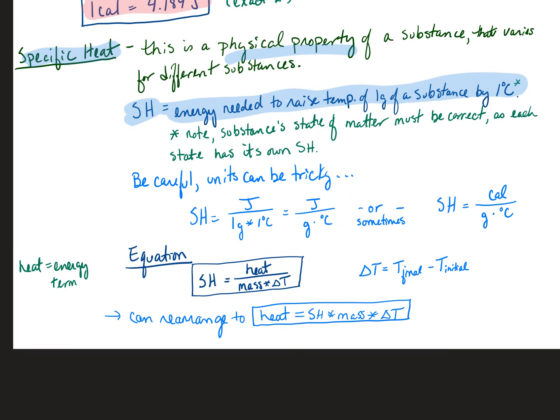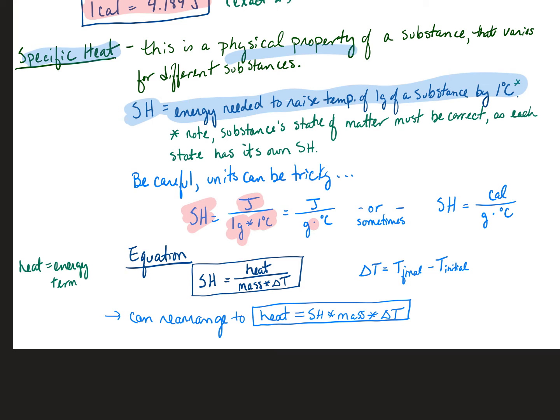Okay, so if we can put it in terms like that, we can put it into some units and give it an equation. So let's go for it. If we say that specific heat is defined as SH, we could say that that would be joules over grams times degree Celsius. Or sometimes you see it like this, which is like a dot in between.